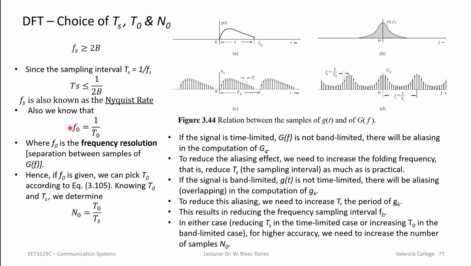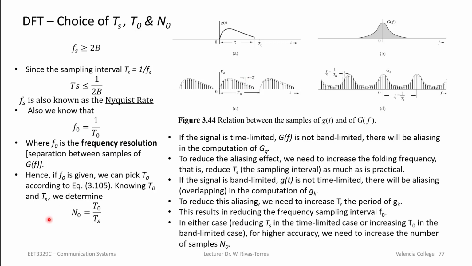Also know that your frequency resolution is 1 over the period of whatever the signal is. So whatever sampling time you select, notice I was careful not to say sampling period, not to confuse it with TFS. Whatever sampling period you take, that will be your frequency resolution.